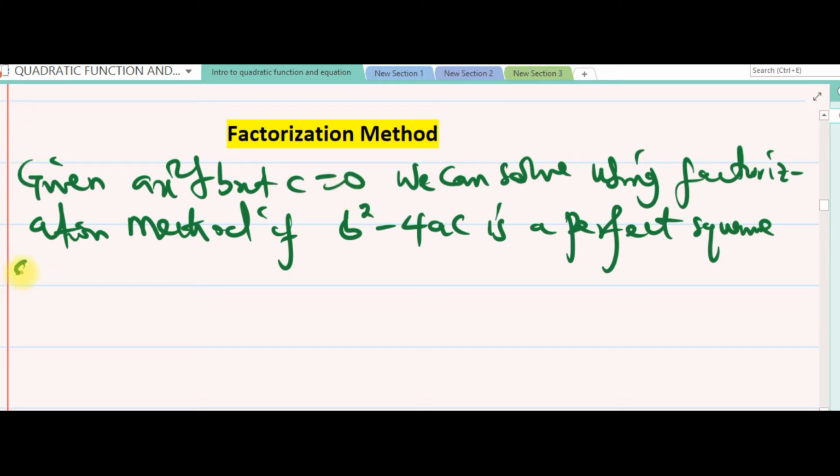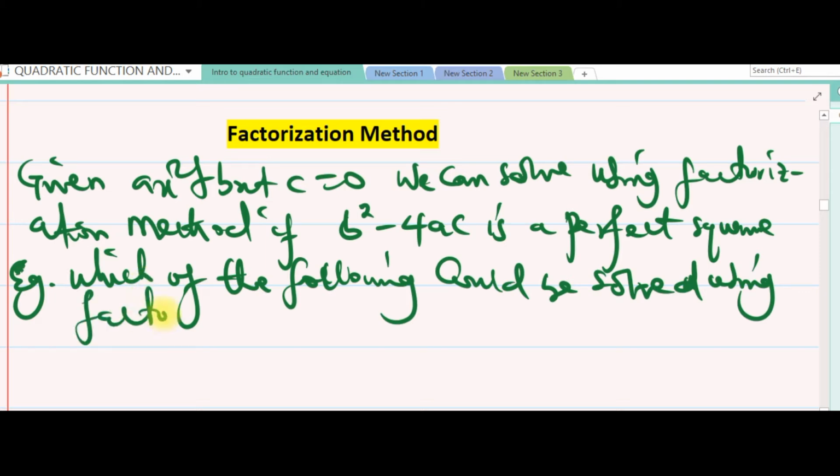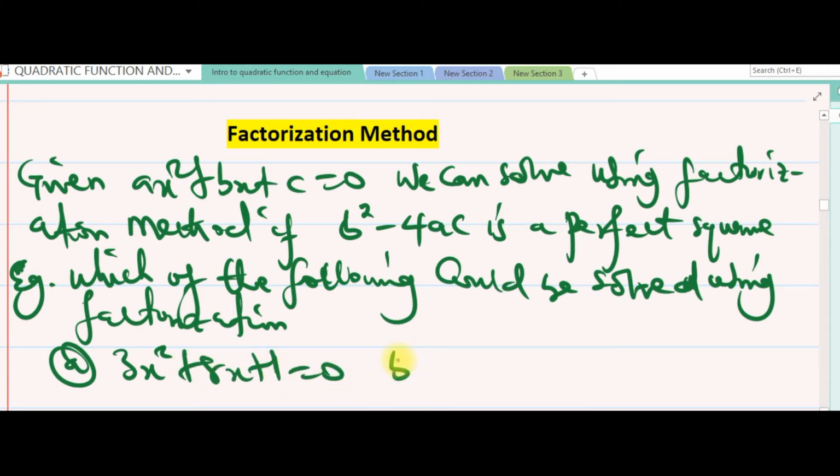So let's just check an example. They ask you which of the following could be solved using the factorization method. Assuming you are given the first one, 3x squared plus 8x plus 1 equal to 0. The second one, x squared plus 5x plus 6 equal to 0.